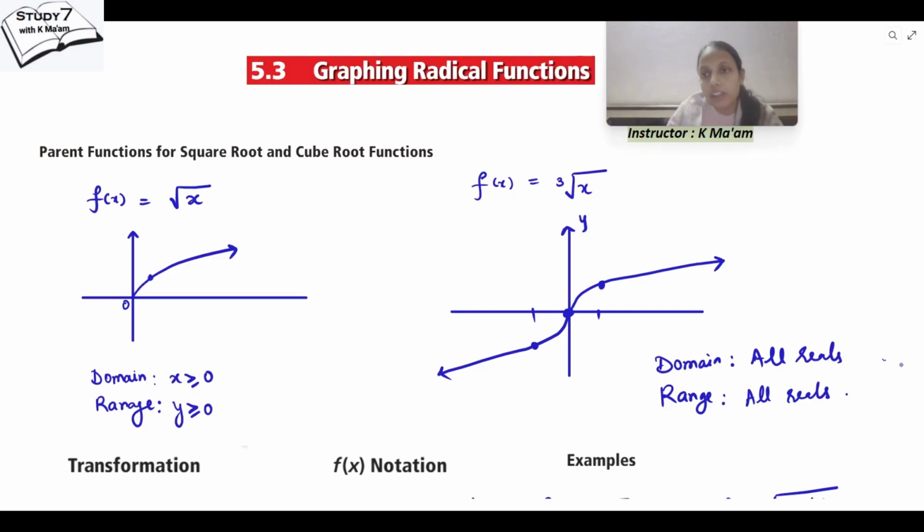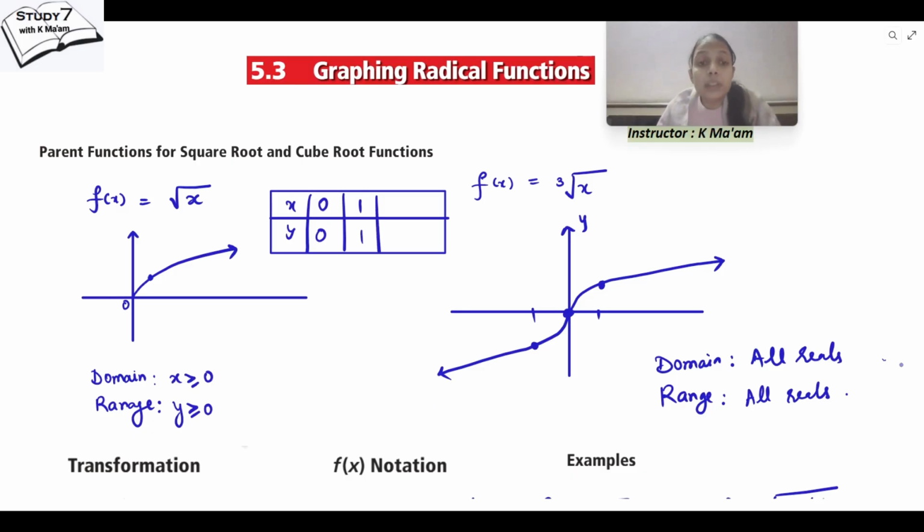Here, to draw this graph, I make a table. I substitute x as 0: the square root of 0 is 0. If I put 1, the square root of 1 is 1. I'm not substituting 2 because the square root of 2 is some decimal, so I'm avoiding the non-integers.